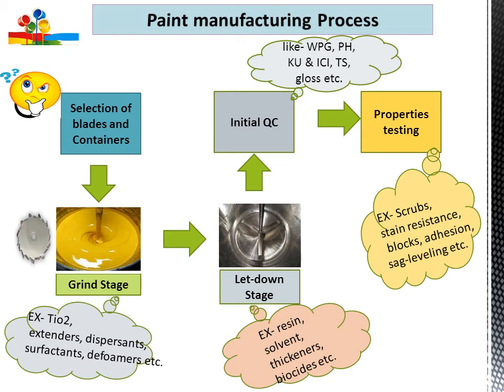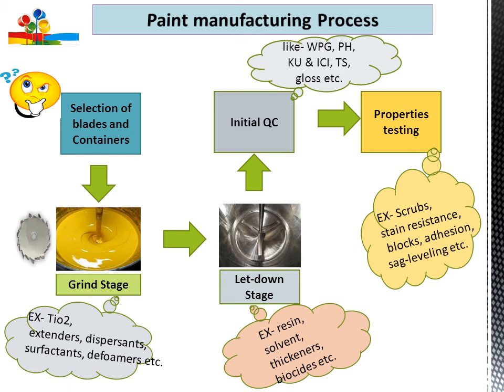Stains means things like lipstick, crayon, wine and coffee, whatever we are using in our household, so those are stains. Then block resistance. Why do we check it? Our paint should be non-stick. Once we apply paint, sometimes on doors we can see two films stick to each other, so that should not happen.